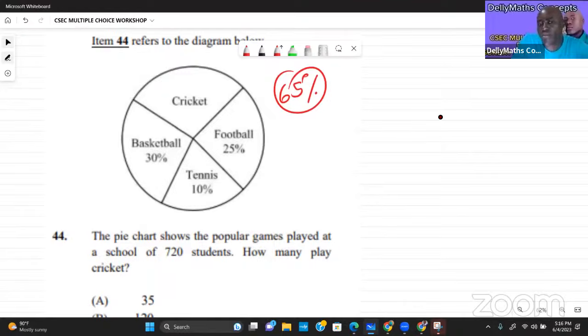All right, so if the question wants to know how many play cricket, it's 35% for cricket. So all I'm going to do is just find 35% of 720. And we work that out and we're good.